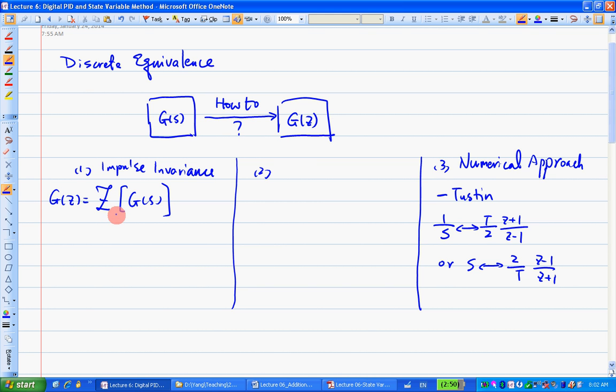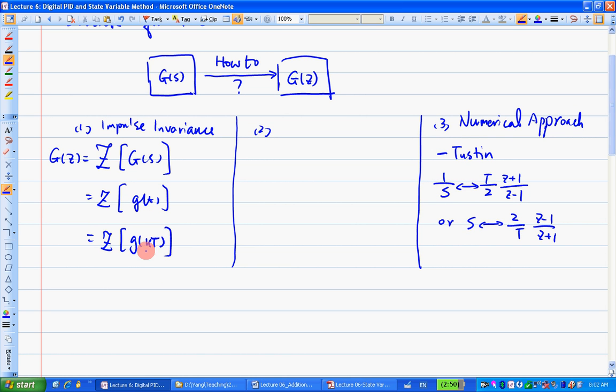When you do this, the underlying meaning is that this is equivalent to saying g of t, and this is equivalent to g of kT. So for this particular approach, you consider this as a signal, then you sample it with a certain sampling time.